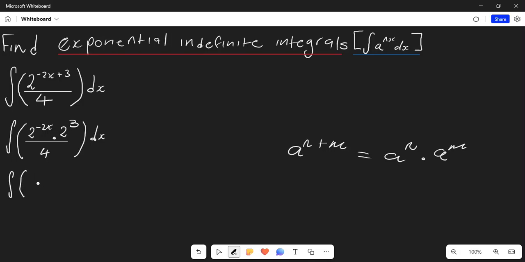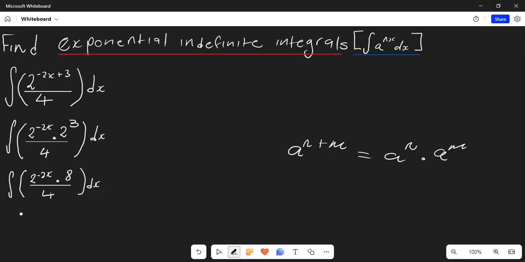So we can say 2 to the power of negative 2x, right? And then we say 2 to the power of 3, which is going to be 8 divided by 4, right? dx, right? Do not forget, as long as we are simplifying, the sigma and the dx remain here, guys.